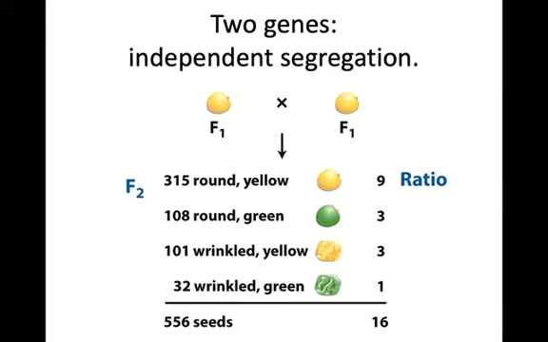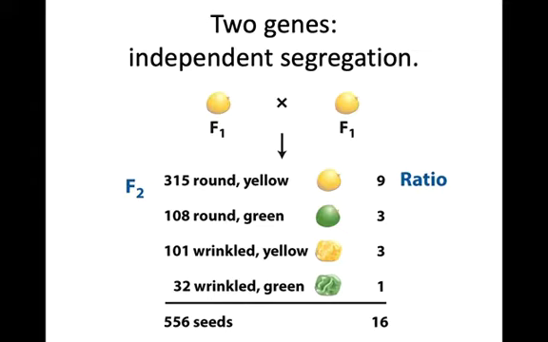All right, the most common phenotype is going to be the round yellow, and that's because of dominance, because the round allele and the yellow allele are dominant. The least common phenotype is going to be the phenotype associated with homozygosity for the 2 pairs of recessive alleles.